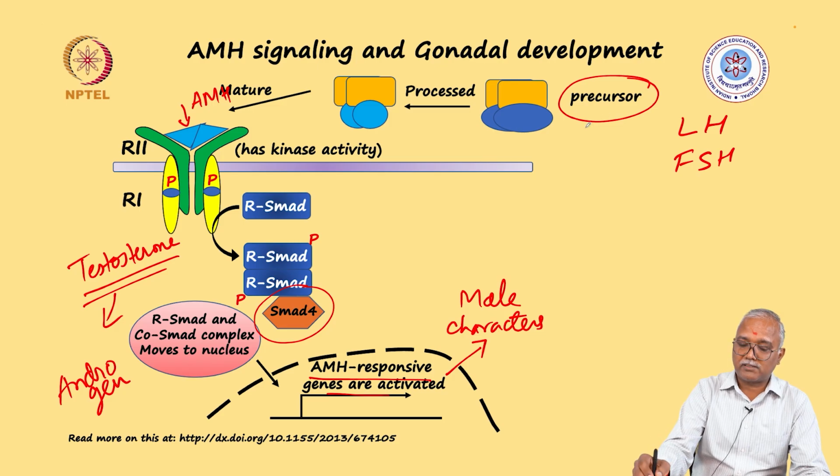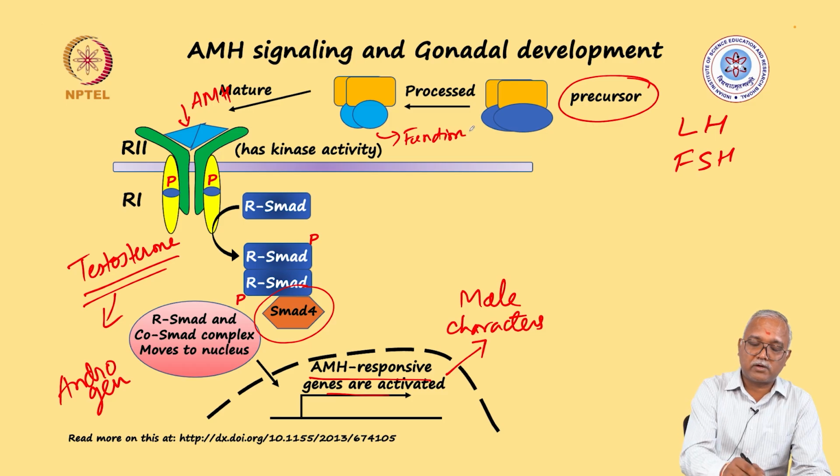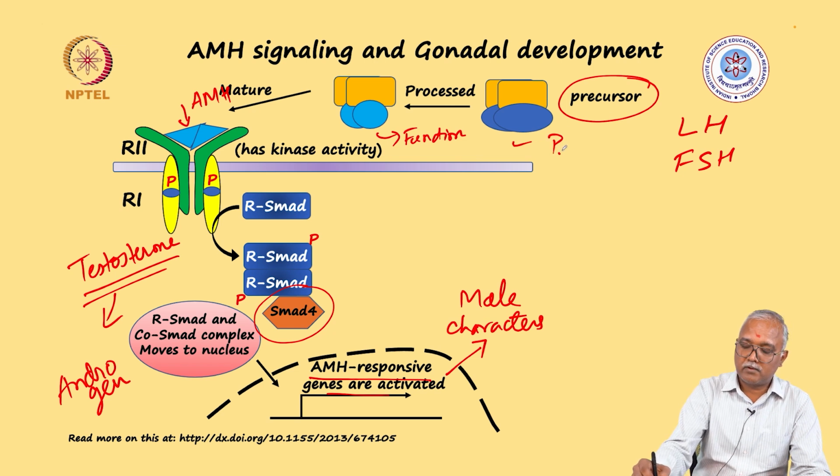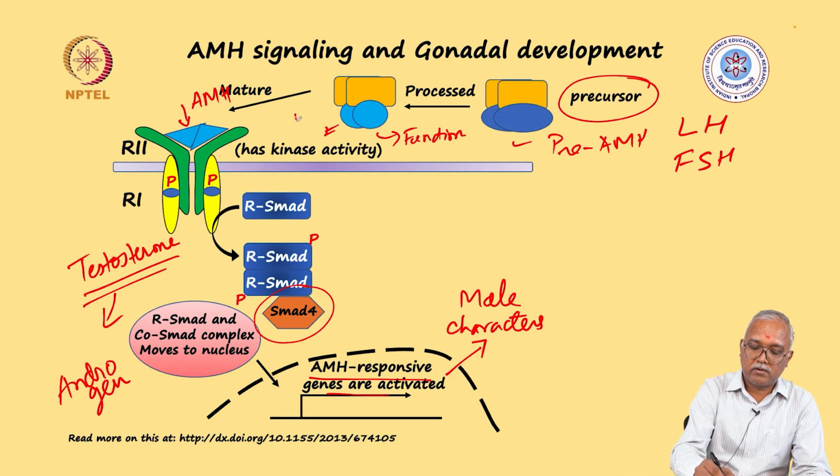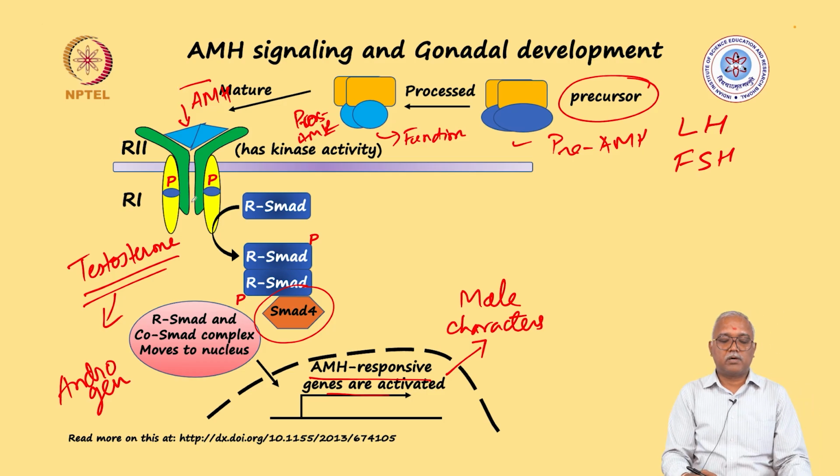So first this precursor of AMH is processed to make the functional molecule, which needs further processing to make the mature AMH. This is pre-AMH, this is processed AMH, and you have the mature AMH. This mature AMH will bind to the receptor and involve in the signaling.